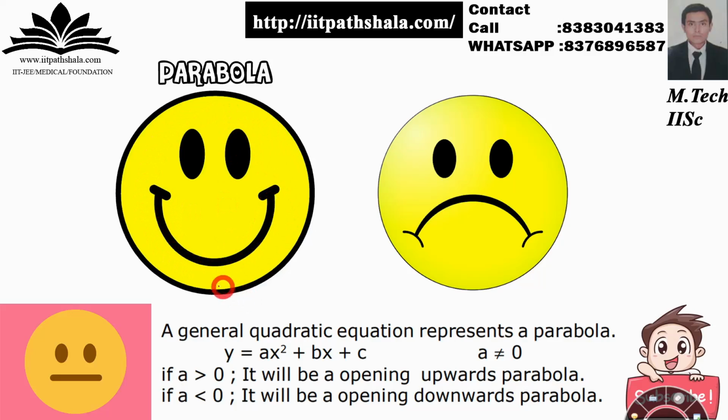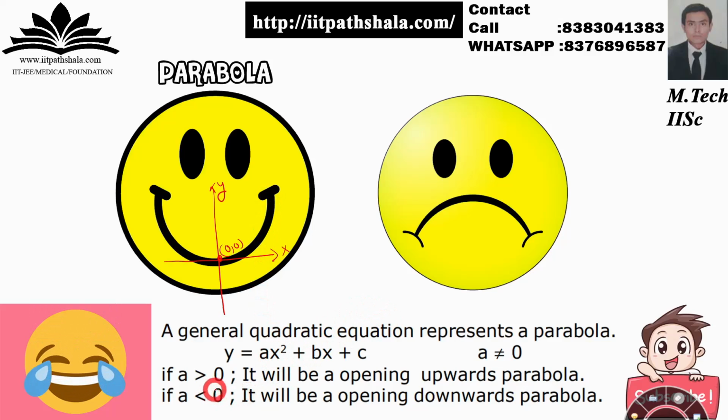Let us make the axis system as follows. So this is my y axis, this is my x axis, and this is the origin itself. This is the parabola which I will get if a is greater than 0.